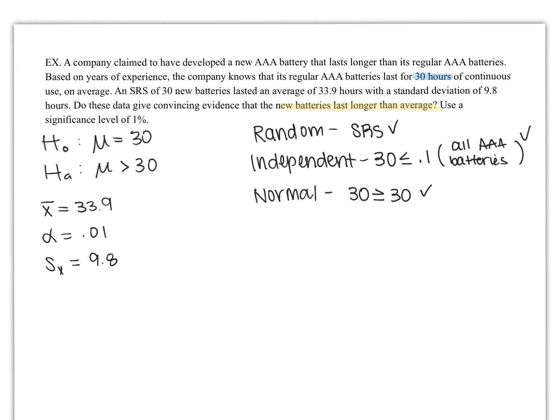So this tells me that I'm going to be doing a t test statistic. So I'm going to do 33.9 minus 30 all over 9.8 over the square root of 30. Okay. I'm going to get a test statistic of 2.18.